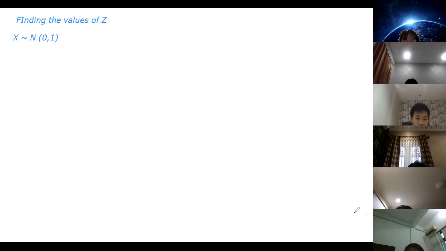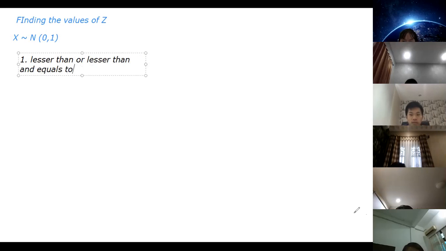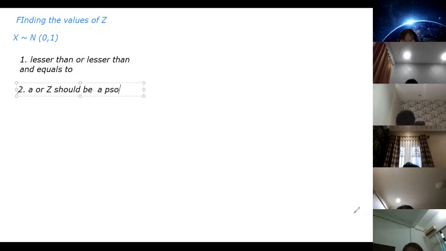It's important to note that the table only allows us to read less than or less than and equal to. And in the past recording, we discussed that the a, or we can call it z, should be a positive number.